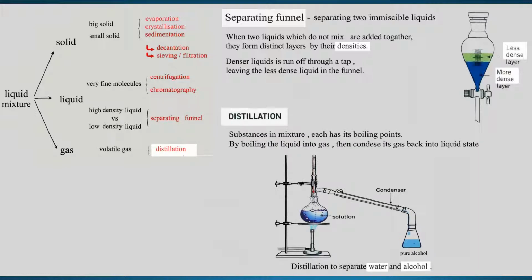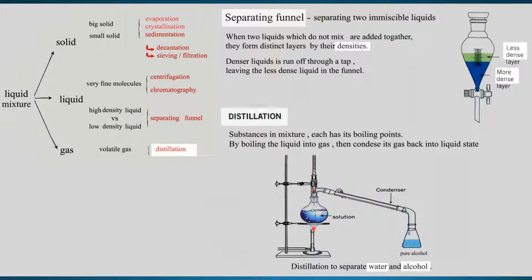Another way: if one substance stays a liquid but the other can turn into gas, then I can also separate them. One good example: if I have ethanol alcohol, like drinking wine, and I mix it with water, so I have alcohol and water. They mix very well, so how can I separate them? I can use the boiling point.